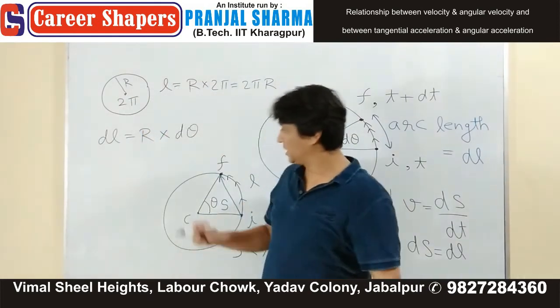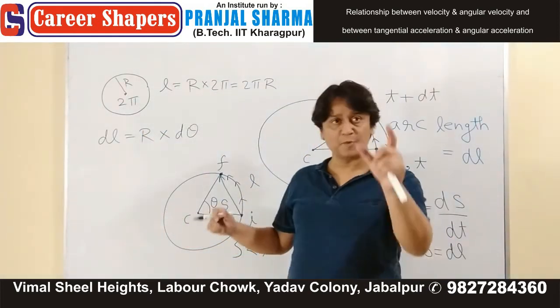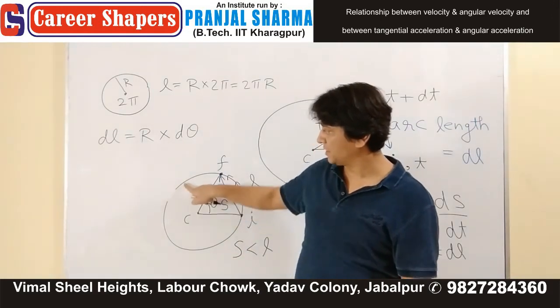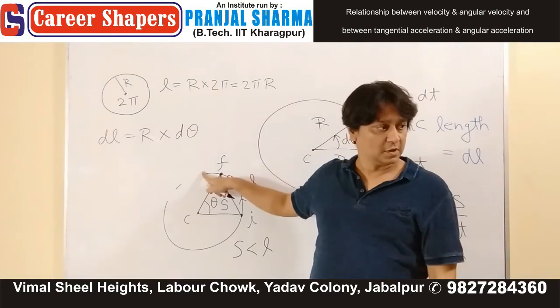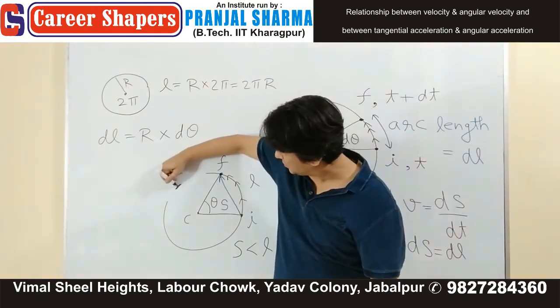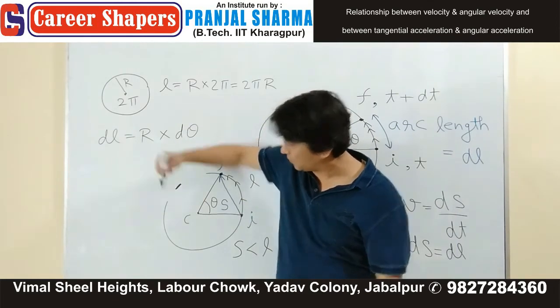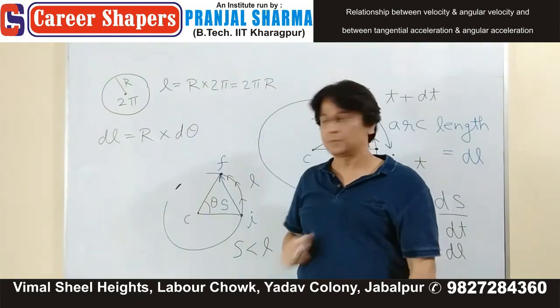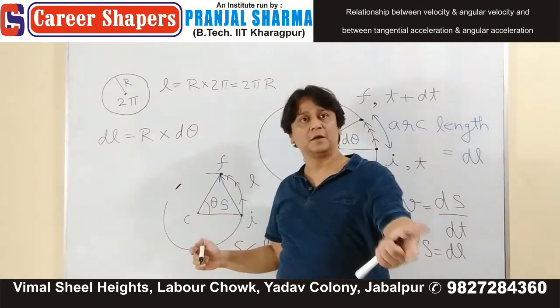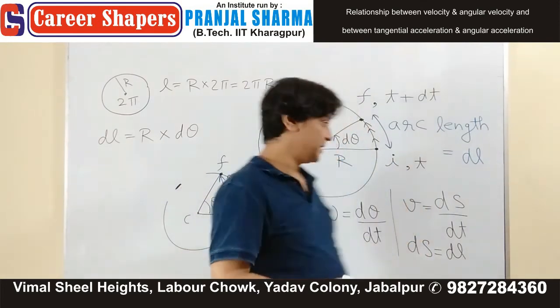If you are looking for a very small portion, I hope you can see this. If you cannot, let me highlight this part. If somebody is looking at this portion, then for this, your displacement and distance are both the same.